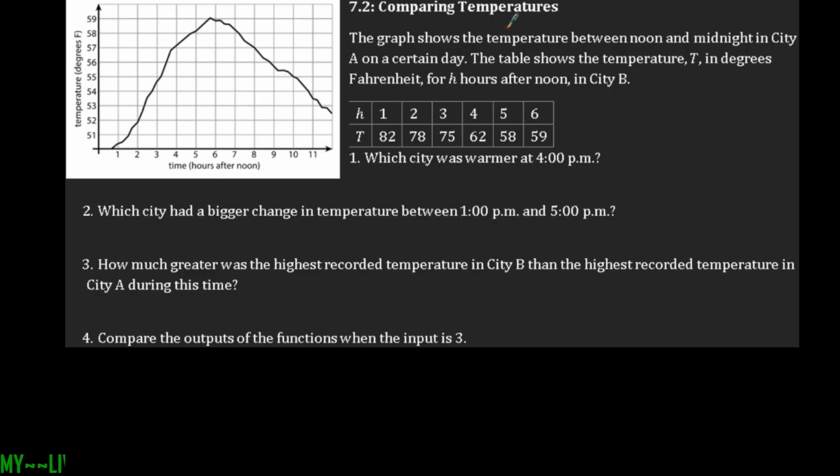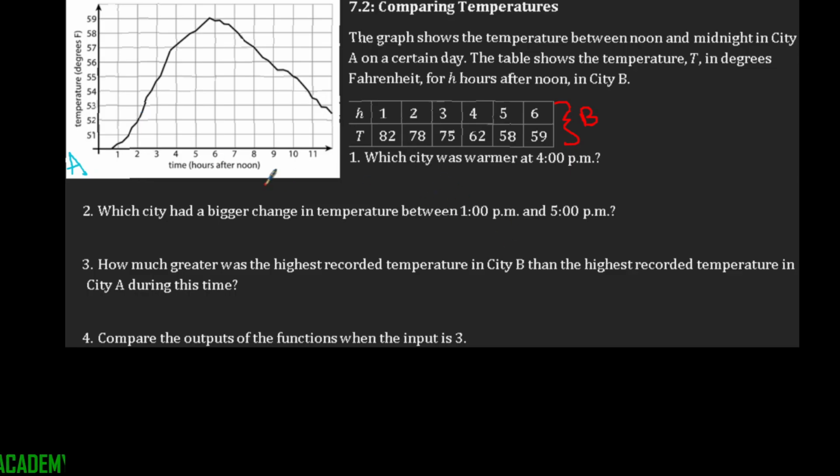Alright, on the second part it says the graph shows the temperature between noon and midnight in city A on a certain day. So let's label this city A, and this table is going to be city B. And it says the table shows the temperature T in degrees Fahrenheit for H hours after noon in city B. So this one goes from 1 to 6, where this one goes from noon to 12, midnight.